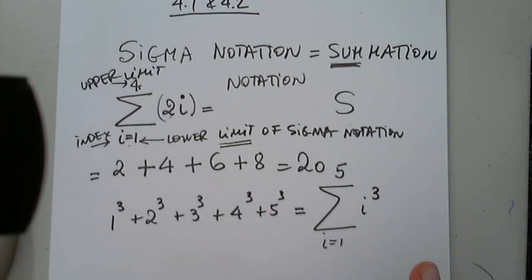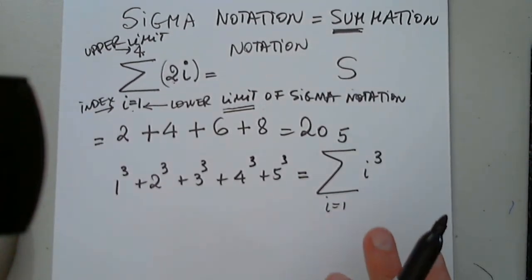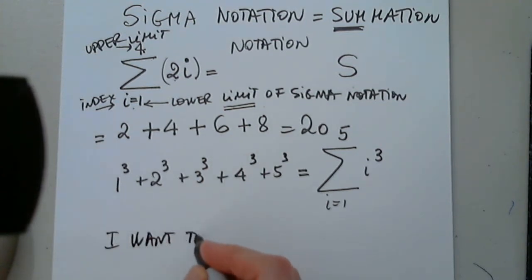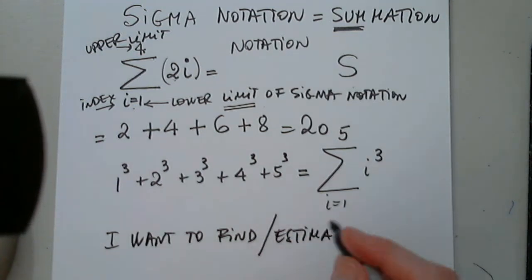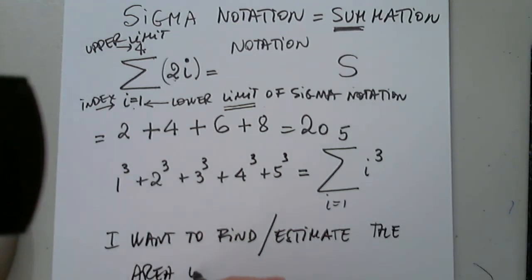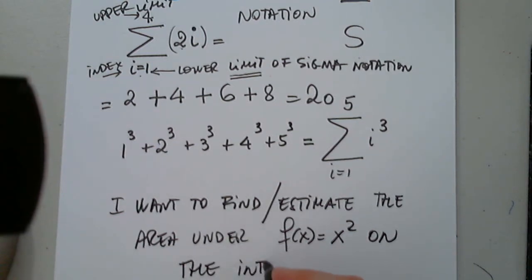We're not going to do a lot with this. In my STEM class, I do a lot with this, but you're going to see why this is important. Now, let's suppose I want to find or estimate, if I cannot find exactly, the area under a very simple function, x squared, on the interval 0, 2.